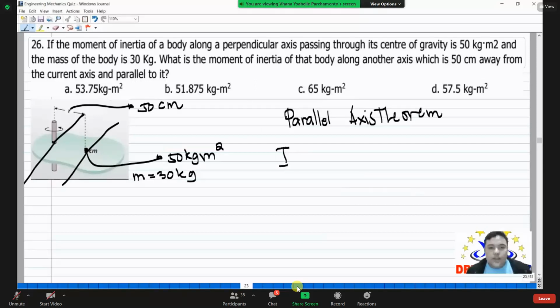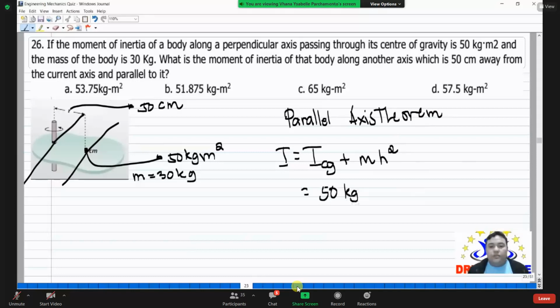Okay, so I is equal to our moment of inertia about the centroid plus our mass times the distance from the centroidal axis to the reference itself, so that is times h squared.